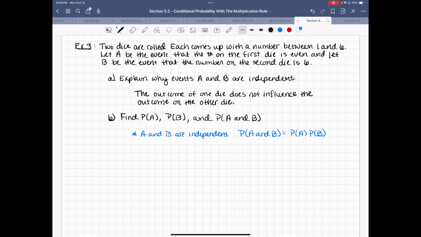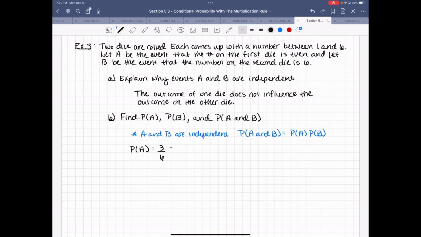So let's find the probability of A. A is 2 dice are rolled. Let A be the event that the number on the first die is even. So how many possibilities do we have of an even number on a die? 3. 3 out of 6, correct?